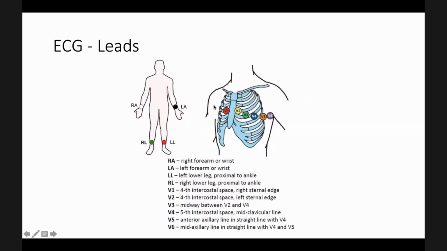There are 6 chest leads. V1 you keep in the 4th intercostal space on the right sternal edge, and V2 on the left side at the same level.